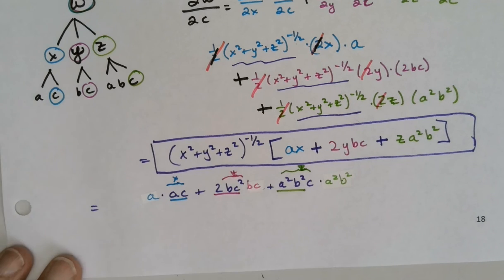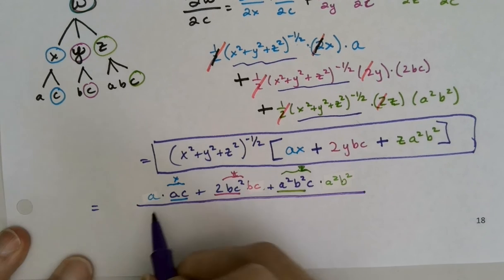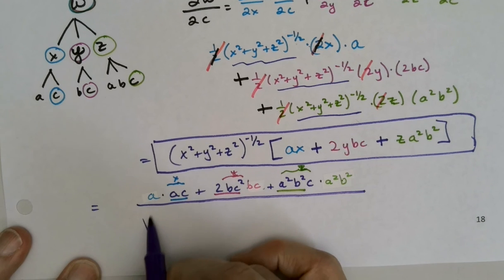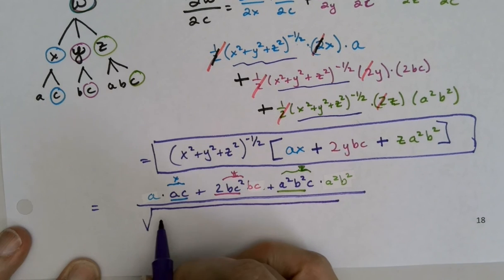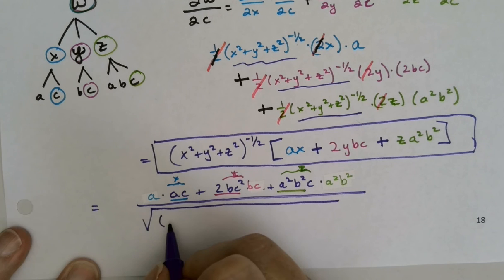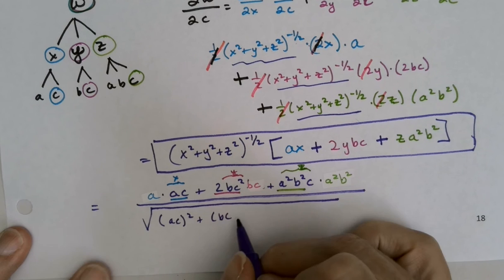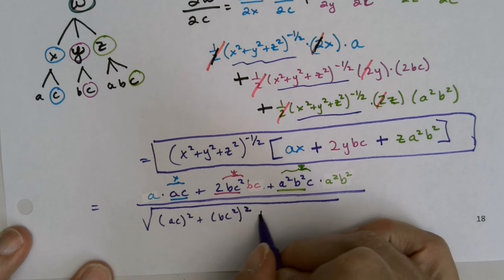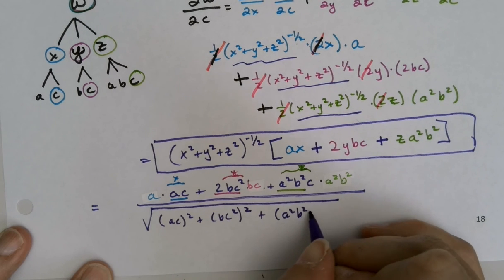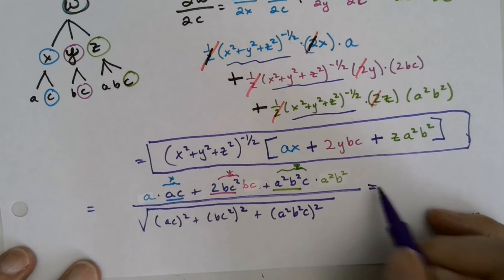And all of that needs to be divided by, if I want to get rid of all my intermediate variables, a square root of, instead of x squared, ac squared plus bc squared squared plus a squared b squared c squared.